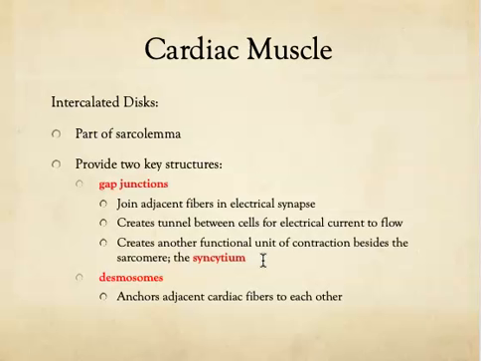And when cells function together in unison like this, we give that group of cells a name. We call that a syncytium. A syncytium of cells that are going to contract in unison. So one syncytium followed by another, followed by another, followed by another, causes the wave of contraction across the heart.